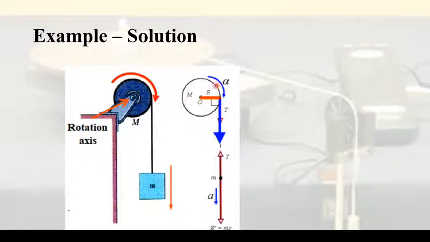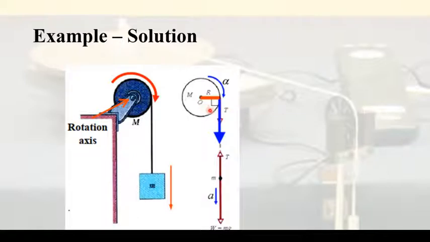So you just sketch the simple diagram. Then you draw the force acting on the disc. Based on this diagram, you have only one force acting on the disc. The force that causes the object to rotate is the tension. There's no other force.